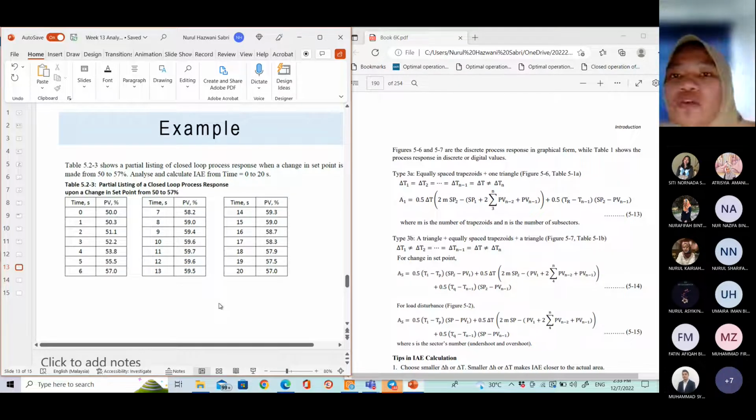Remember, from 60 to 20, you will have an overshoot shape. So, for the overshoot, you will have a triangle at the left end and the right end.